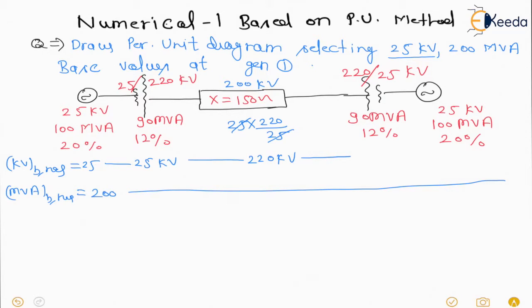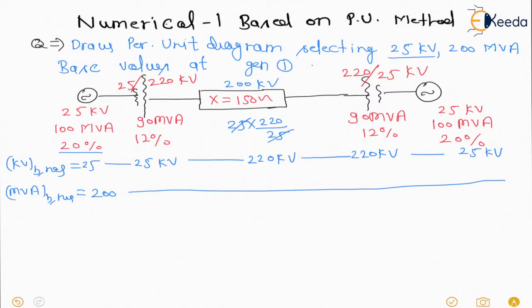For the second transformer it will be the same 220 kV because we didn't go to the other side of the transformer, and for the generator it will be 220 into 25 upon 220, which is equal to 25 kV.